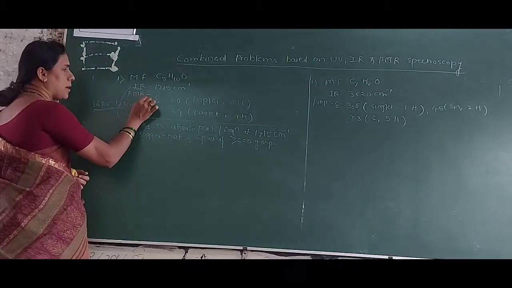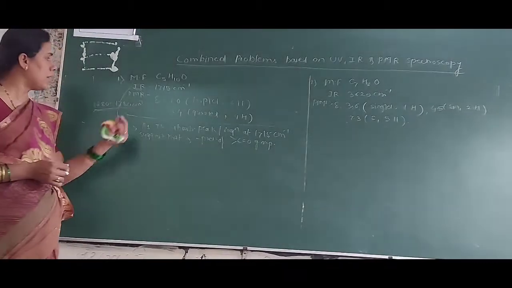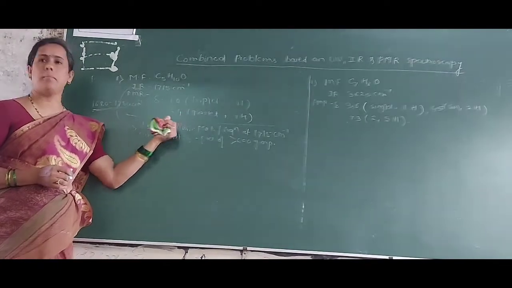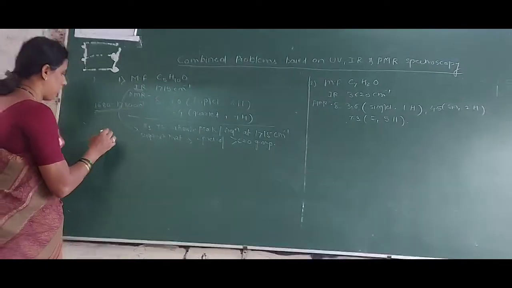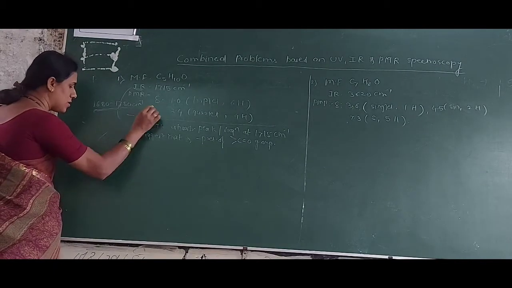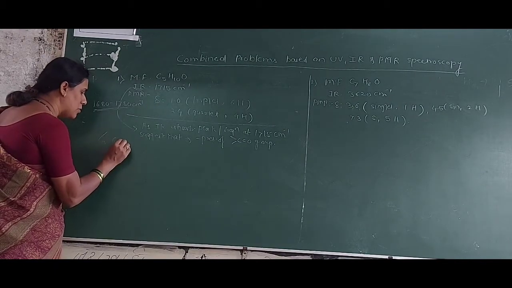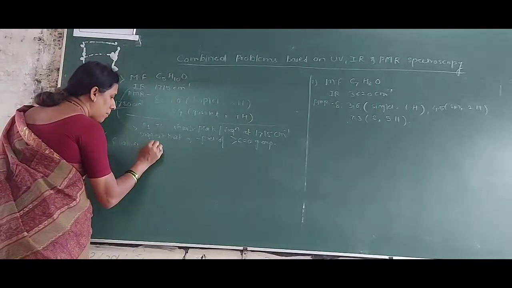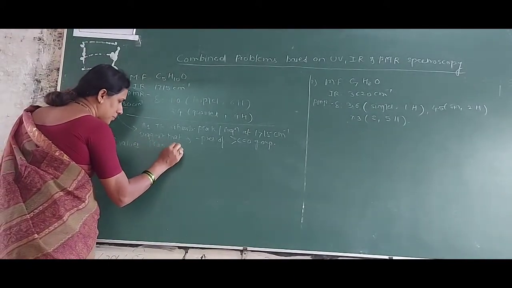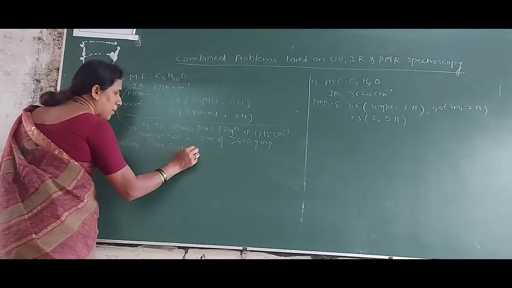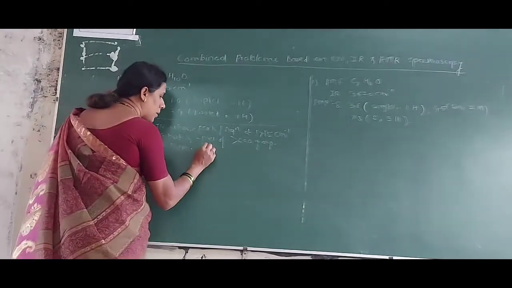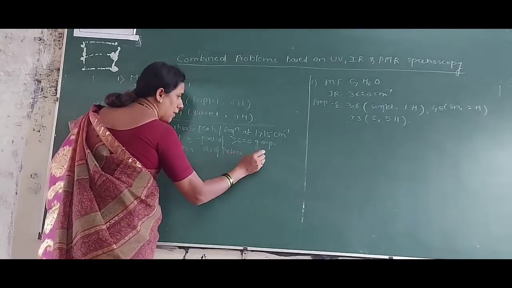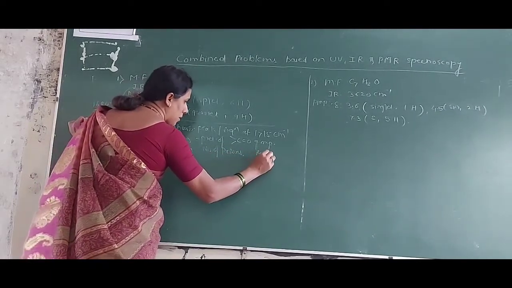Now what about the PMR data? I have already stated the method of representing PMR data: first you write the delta values, second the peak pattern, then the number of protons, and last the assignment.